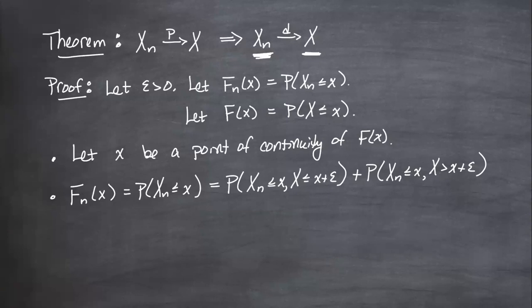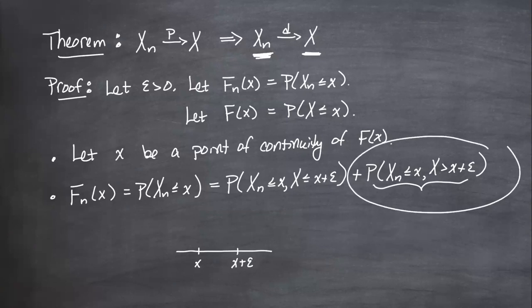Let's look at this last probability right here. If you imagine a number line, and you put down our number x, and then x plus epsilon, where epsilon is positive, the final probability that I have over here says that X_n is somewhere down here and X is somewhere up here.